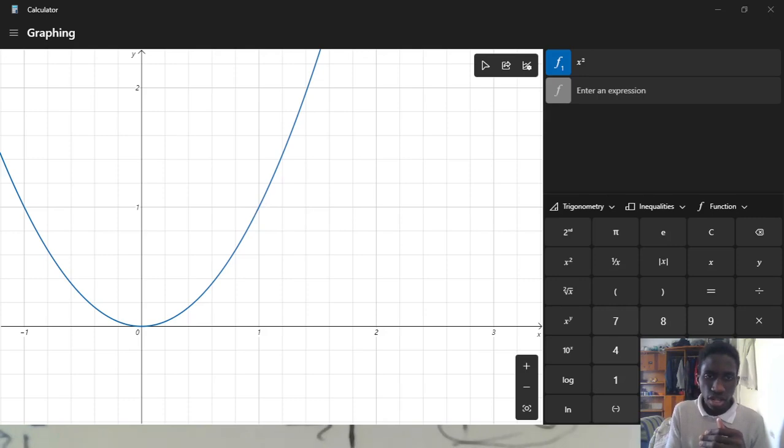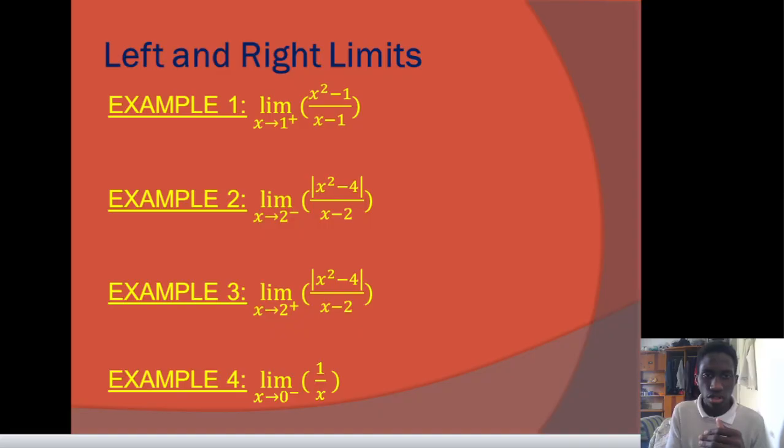So let's jump right back into the slides. We have our first example. It asks us to evaluate the limit of x squared minus 1 divided by x minus 1, as x approaches 1 from the right.